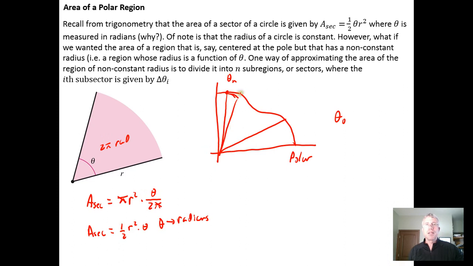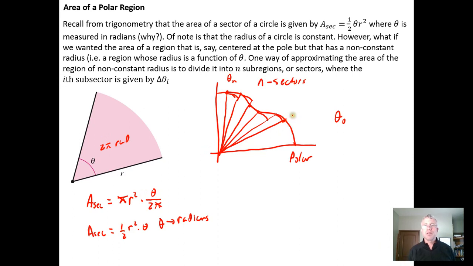I could then pick up right here with another radial line, another arc, and then the radial line down to the origin, and another arc with the radial line down to the origin, and then another arc with the radial line down to the origin, and finally I could sweep through an arc with the radial line down to the origin. So we're going to break it into n sectors. In this example I've broken it into 1, 2, 3, 4, 5 sectors.